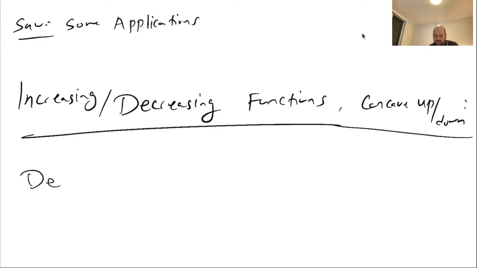So let's start with the definition of increasing functions. We have seen it before, we saw it in pre-calculus. We also reminded you in the first lecture, the review lecture.